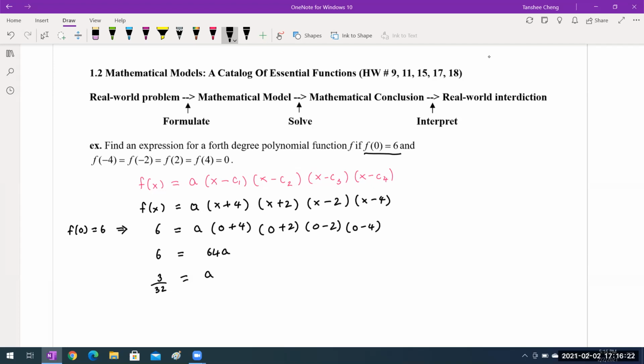For the value of a, finally I can state that my function f of x is equal to 3/32 times x plus 4, x plus 2, x minus 2, and x minus 4. We may leave the polynomial in factor format if we want to. If you want to continue simplifying, all you have to do is multiply it out: I can use the difference of two squares to multiply these 2 factors and these 2 factors, and after that I will FOIL it.